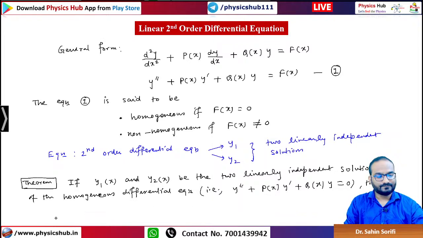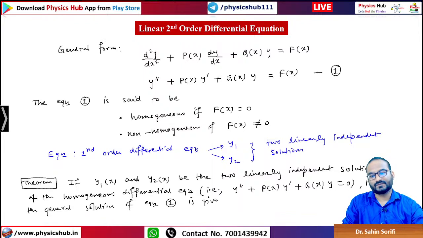then the general solution of, let's say, equation 1 is given by y equals a times y1 plus b times y2.